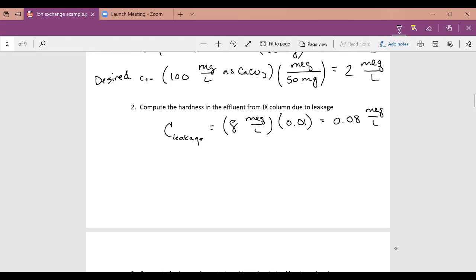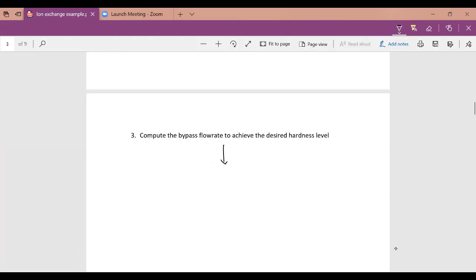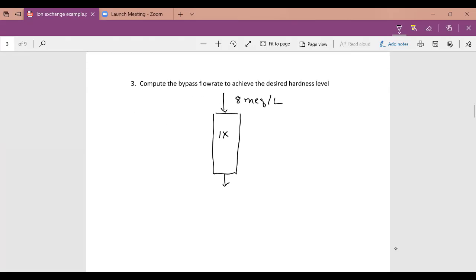the desired hardness level. So we have 8 milliequivalents per liter. That's what's entering the column. So this is our ion exchange column. What's leaving the column is what? What's the concentration leaving the column? 2 milliequivalents per liter.